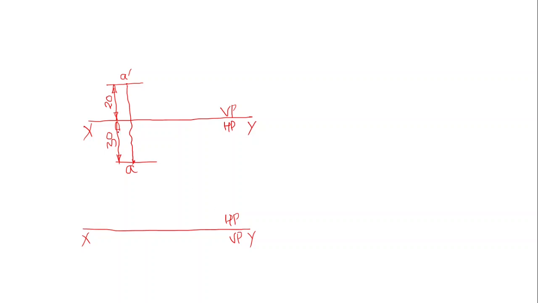So this 30 mm must be above the XY line, and point A must be above the XY line. In the front view, this 20 mm must be below the XY line, and A dash, this front view, must be below the XY line, exactly opposite to the first quadrant.